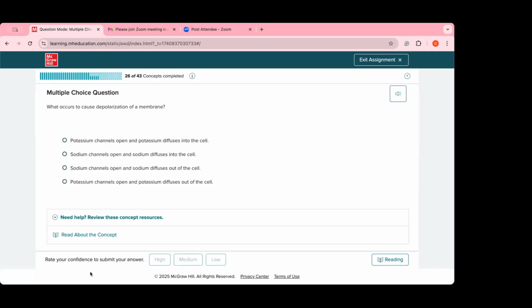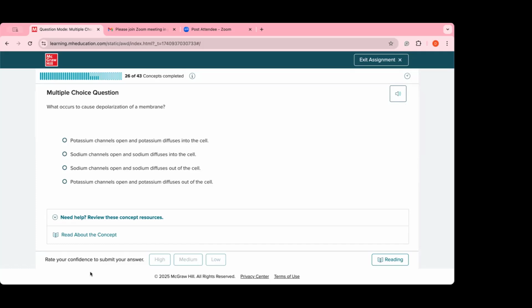Which occurs to cause depolarization of a membrane? Okay, so hold on. The opening of sodium ion channels.